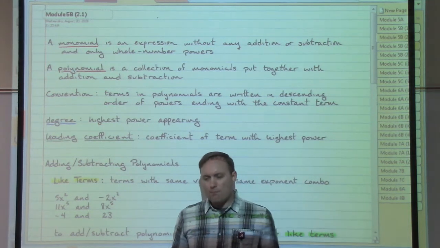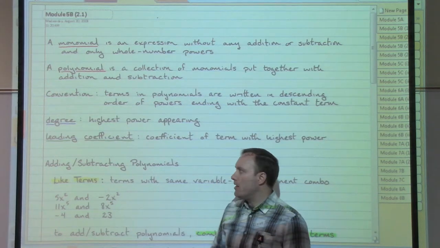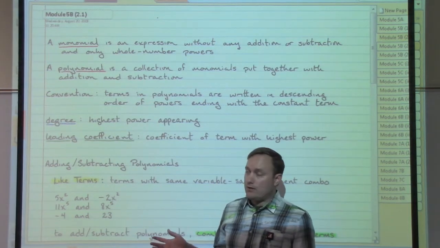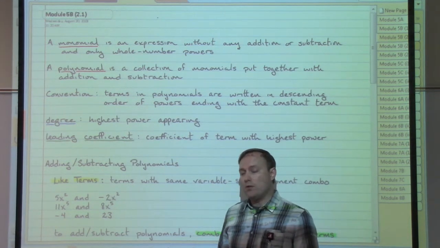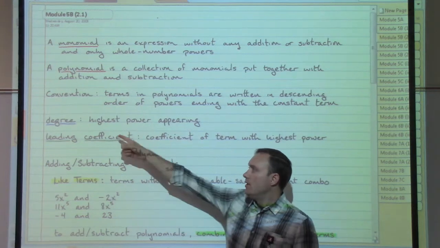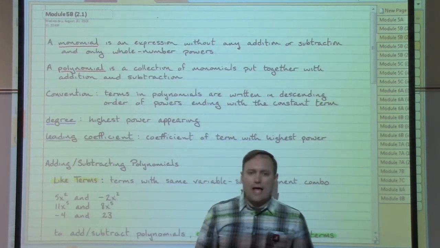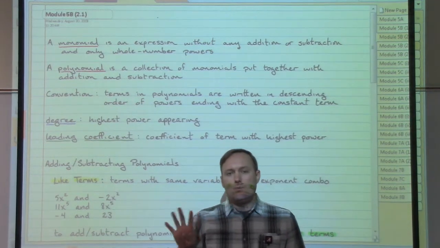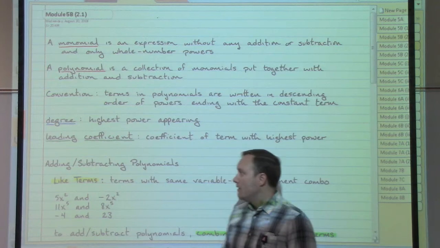But for most of our work, one variable shows up throughout that polynomial, so we very quickly look for the highest power that shows up. And that's what we would normally like to write at the beginning. That's what we refer to as the degree. So a polynomial that has a highest power of 4, we would say fourth degree, or degree 4.